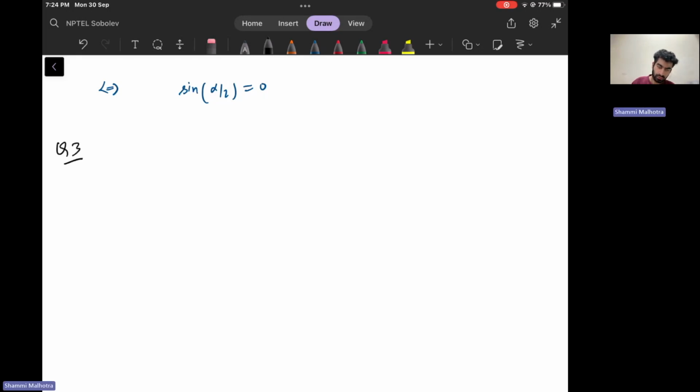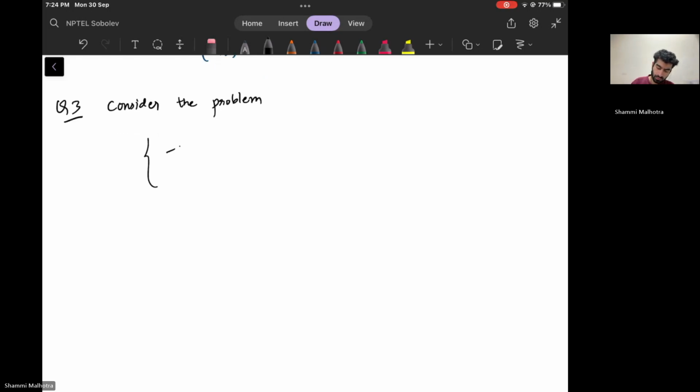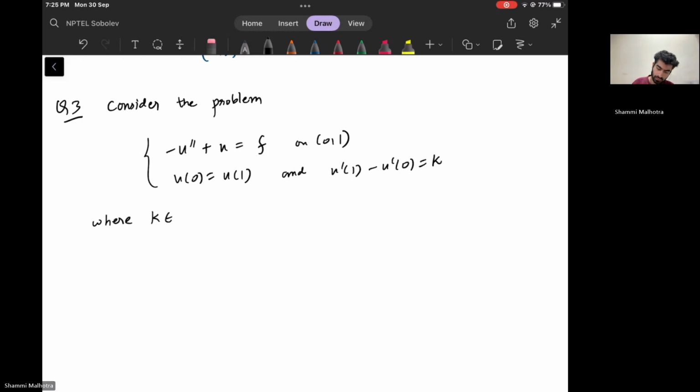So question 3 goes like this: consider the problem minus u double dash plus u equal to f on (0, 1), u(0) equals u(1), and u dash 1 minus u dash 0 equal to k, where k belongs to R and f(x) is given.